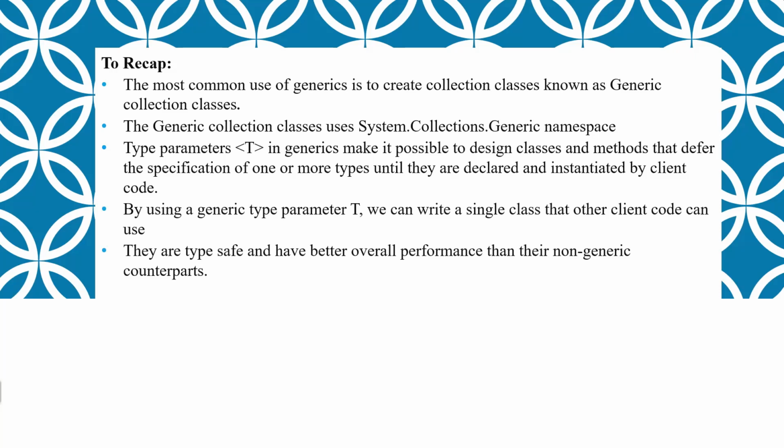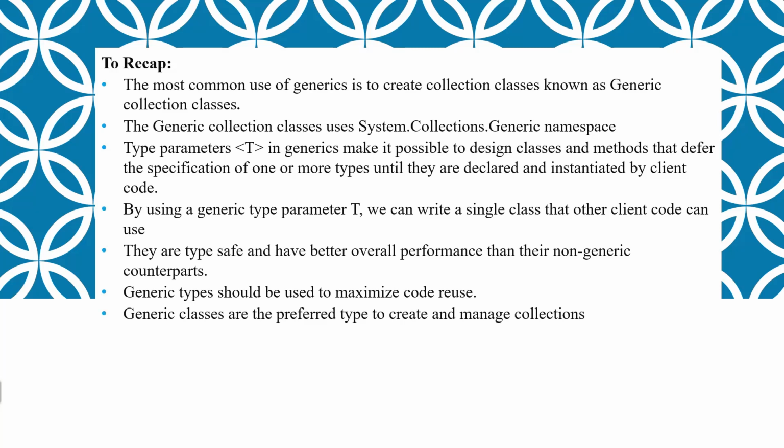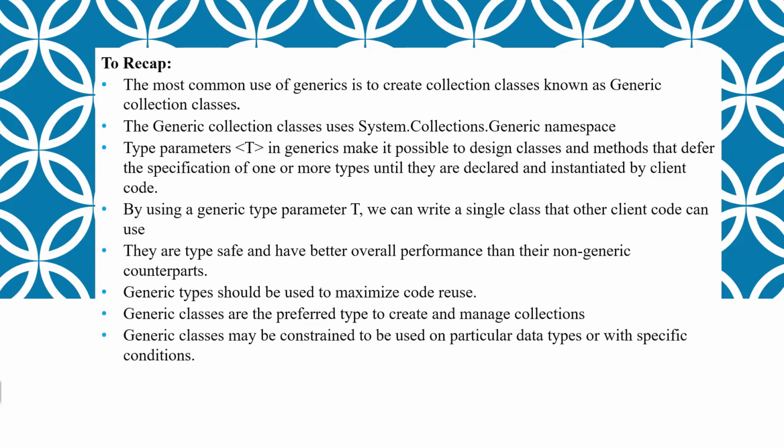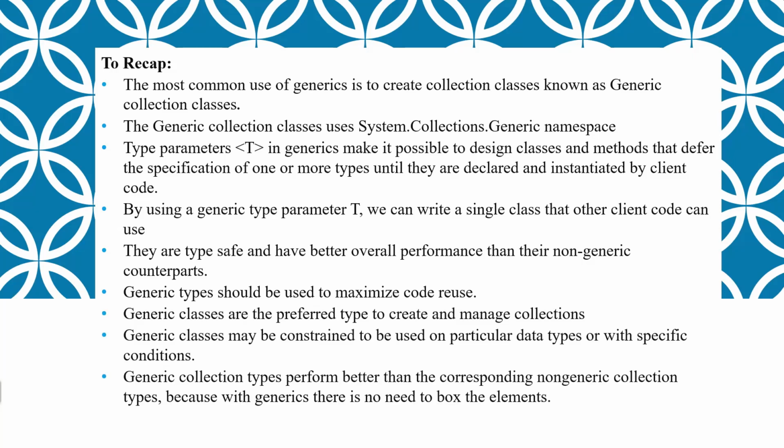Generic classes are type safe and have better overall performance than their non-generic counterparts. Generic types should be used to maximize code reuse. Generic classes are the preferred way to create and manage collections, and they may be constrained, as we have seen in a practical example on Visual Studio, to be used on particular data types or with specific conditions. Generic collection types also perform better because with generics there is no need to box the elements. That's about it.